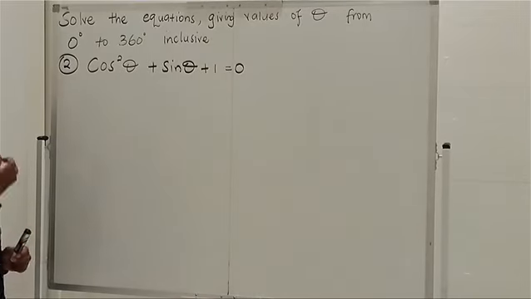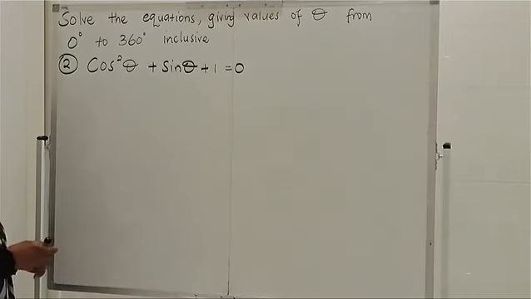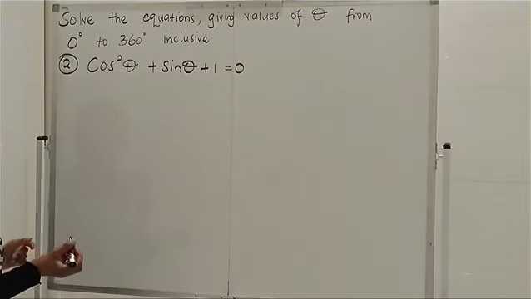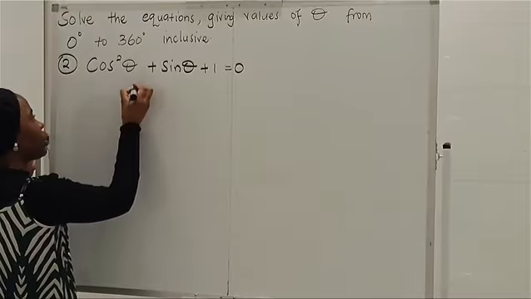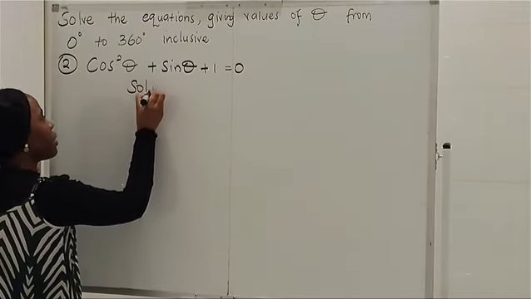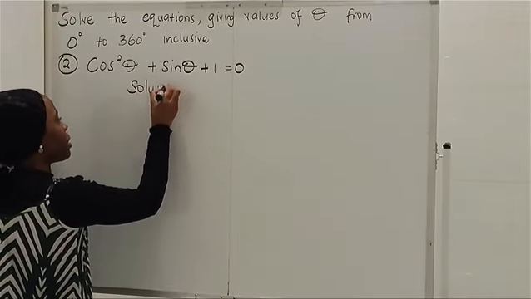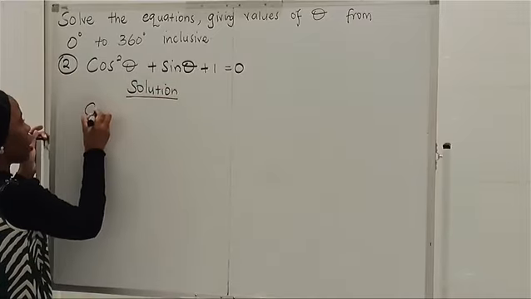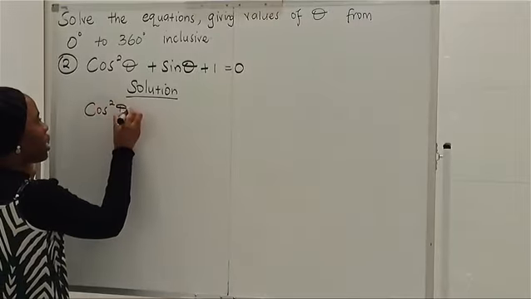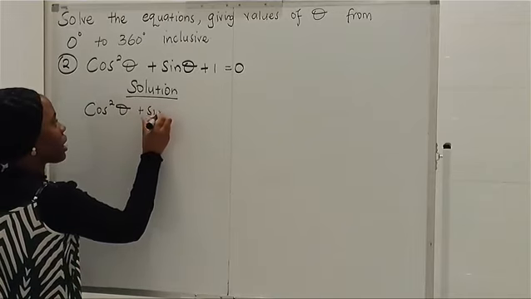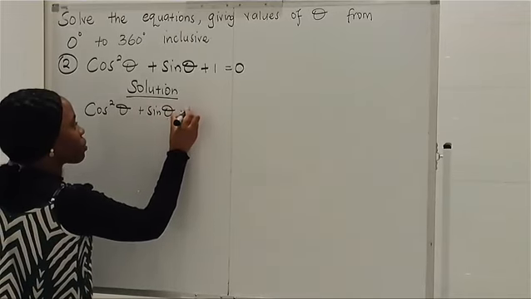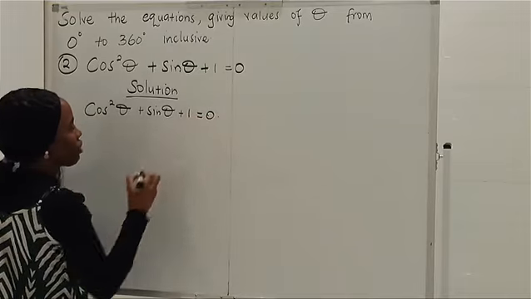Okay, we have the second one. We have cos squared theta plus sine theta plus 1 equaling to 0. Now let us solve for theta. In our solution, we said that we rewrite the equation, that is cos squared theta plus sine theta plus 1 equaling to 0.